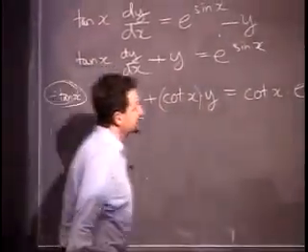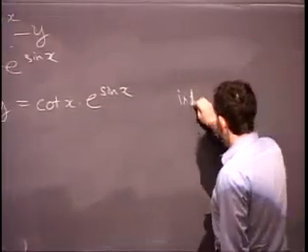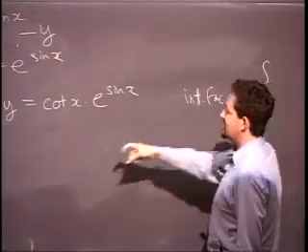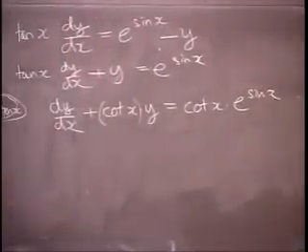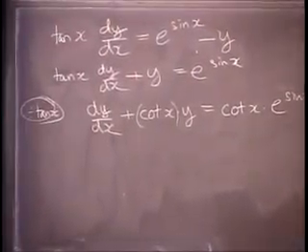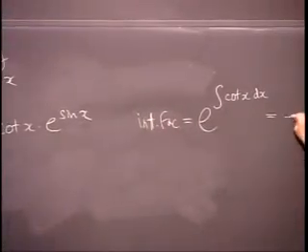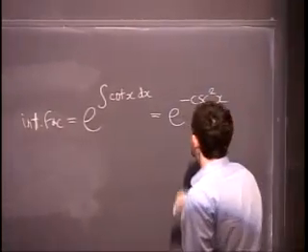So to find my integrating factor, int fac equals e to the integral, and I pull out the coefficient of y, which is cotangent x. And the integral of cotangent is negative cosecant squared. No constant needed.